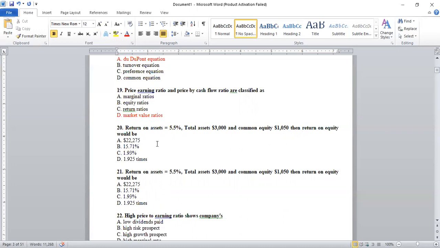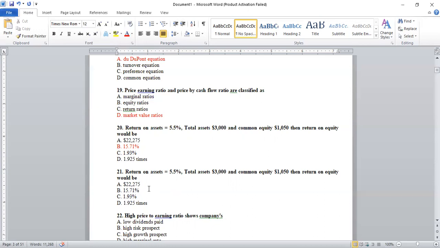Then return on equity would be 15%, which is obtained by 3,000 divided by 1,050 times 5.5. Okay.